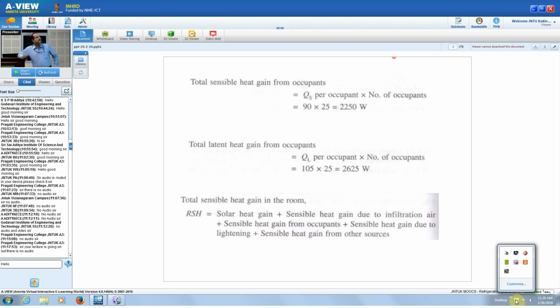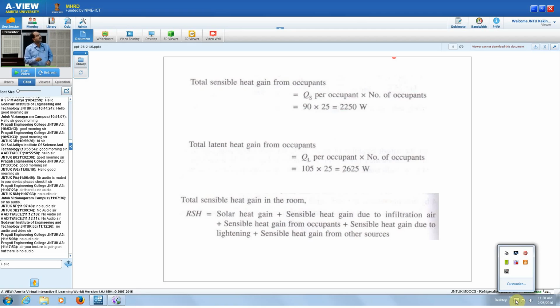The sensible heat gain from the occupants, I think the number of occupants is given in the problem. That is 25 members. So the sensible heat per occupant, 90 watts, into the 25.